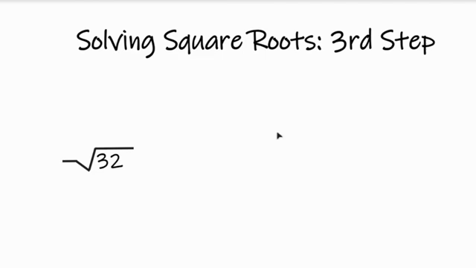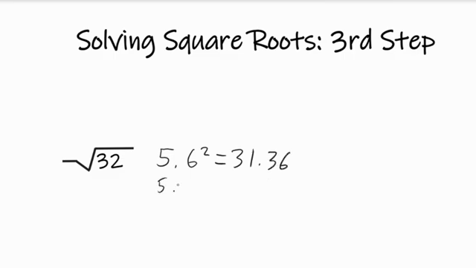Alright, so now the third step of solving square roots is to basically guess and check until you find the 10th digit of the square root. So when we're solving for the square root of 32, we already know that that is going to be 5 and greater than 5.5. So let's try 5.6. So 5.6 squared is going to be equal to 31.36.